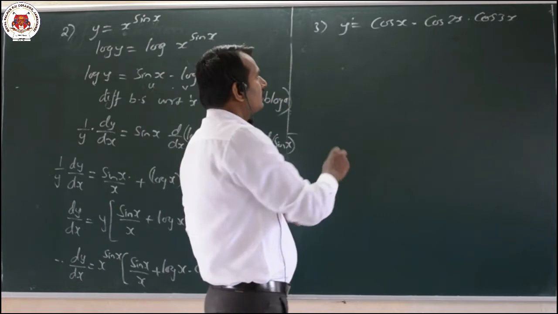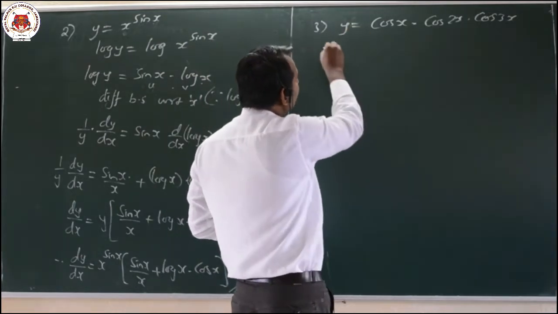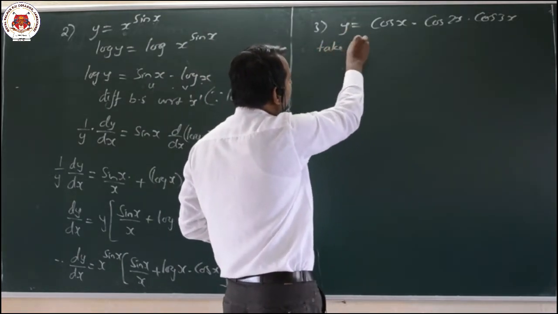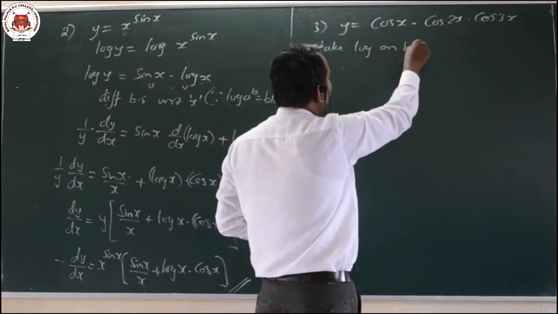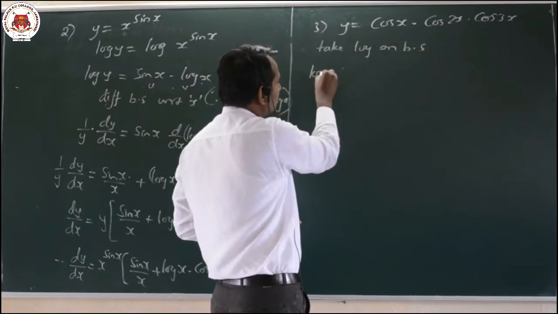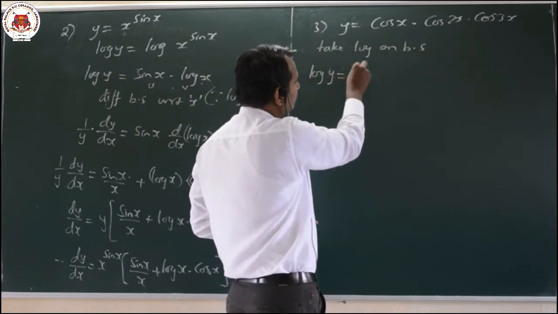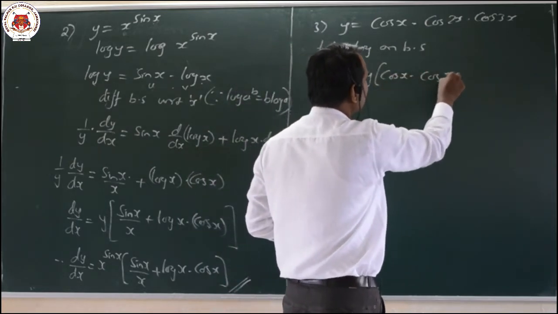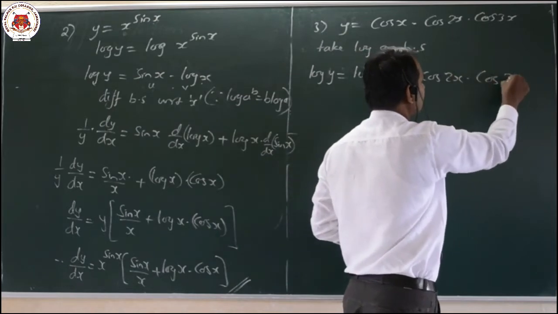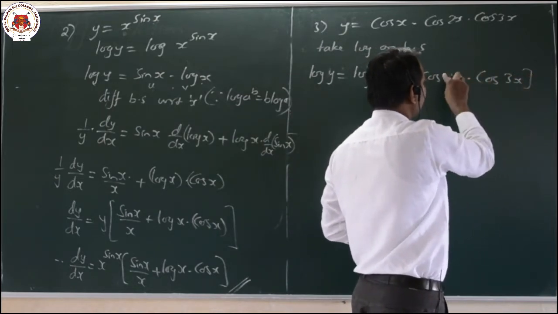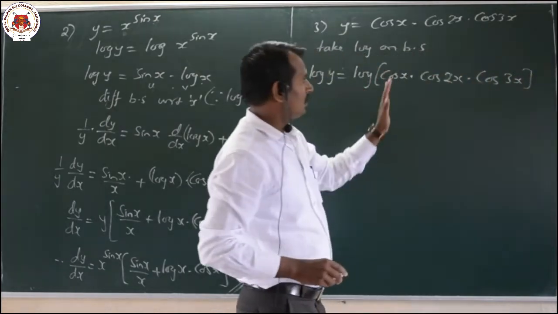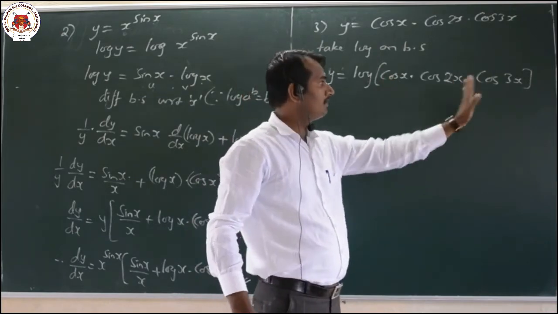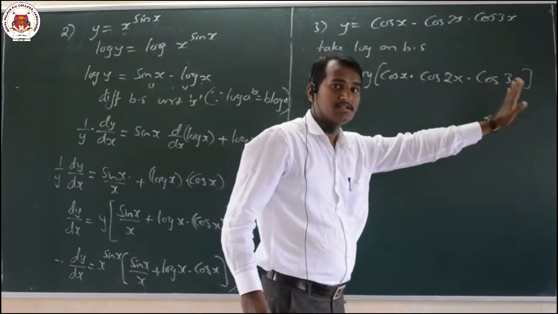Or else, directly we can take log on both sides, take logarithm. So log y is equal to log of cos x into cos 2x into cos 3x. Now what we get here: log of a, b, c is log a plus log b plus log c.